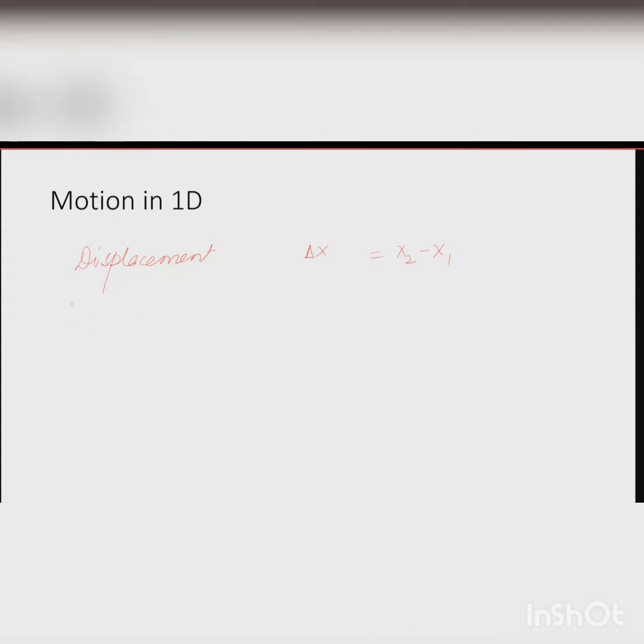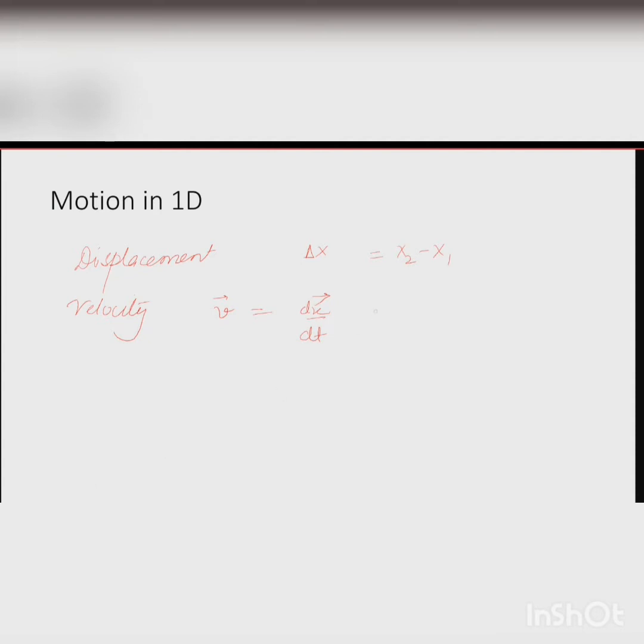And if I had to write the velocity of the object in terms of displacement, can you tell me the expression for velocity? dx by dt. Velocity was dx by dt, right?